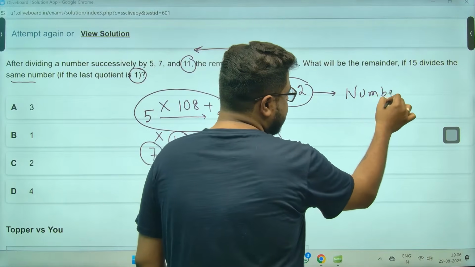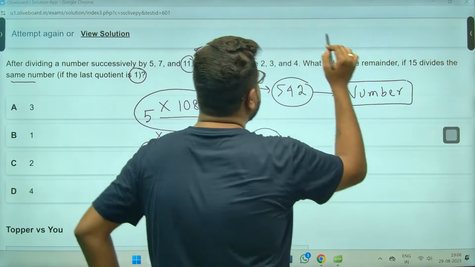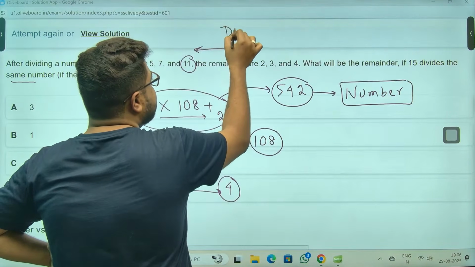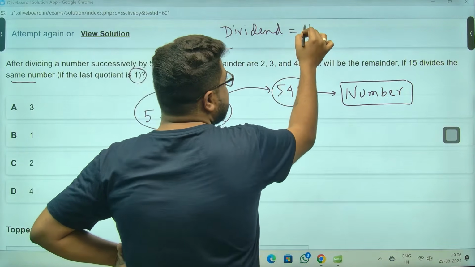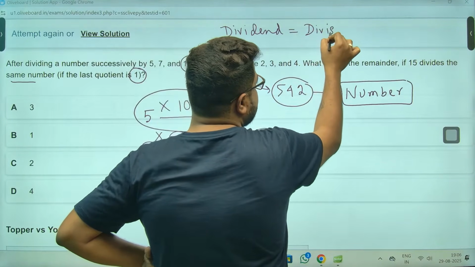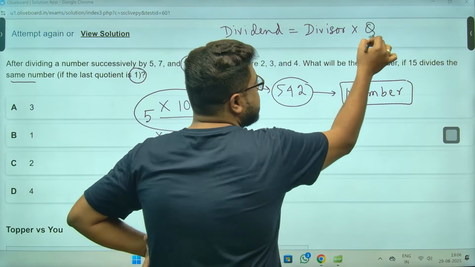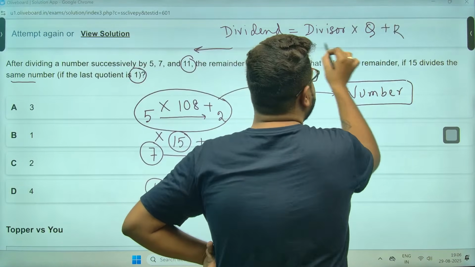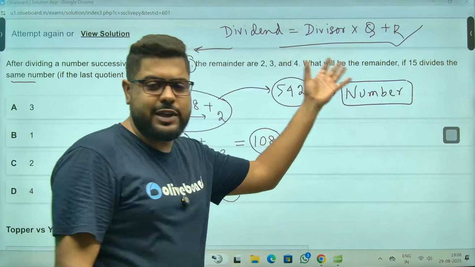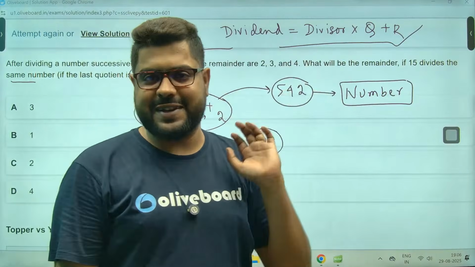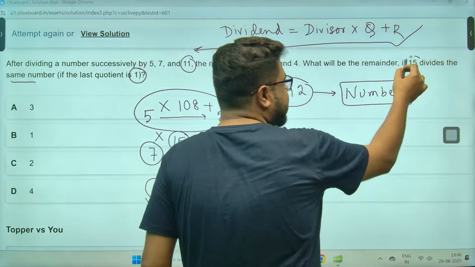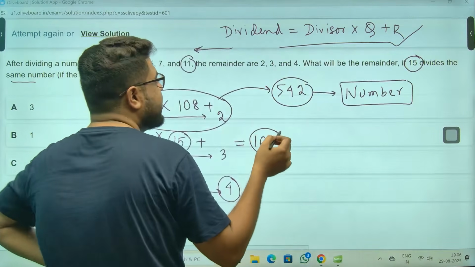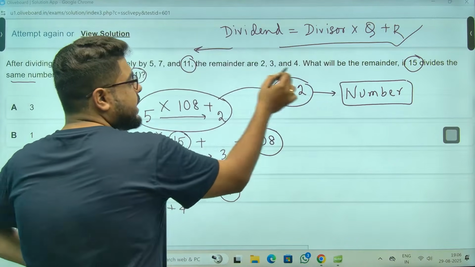The concept that we are using is that dividend is equal to divisor into the quotient plus the remainder. The basic concept of class 2, nothing very difficult. Now they are asking if 15 divides this number, what will be the remainder?